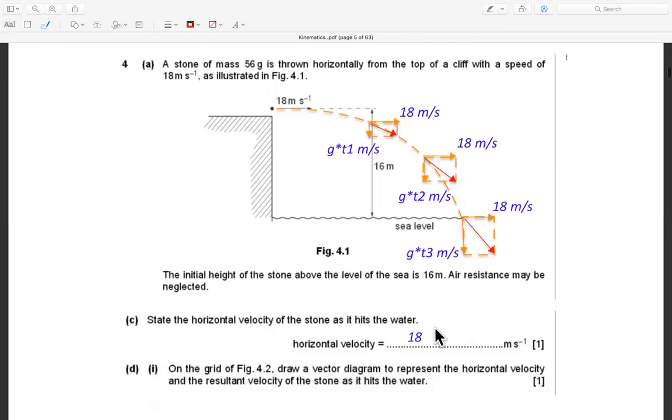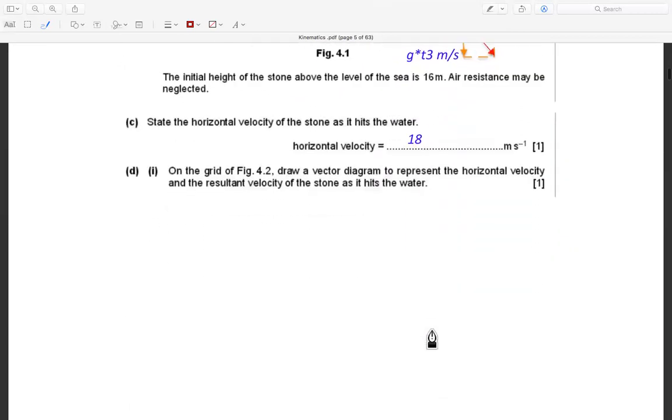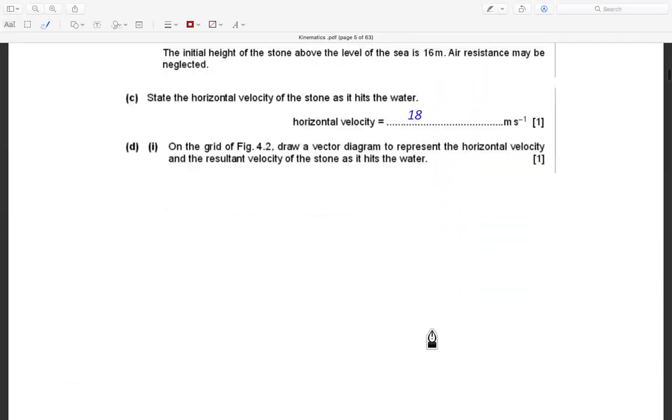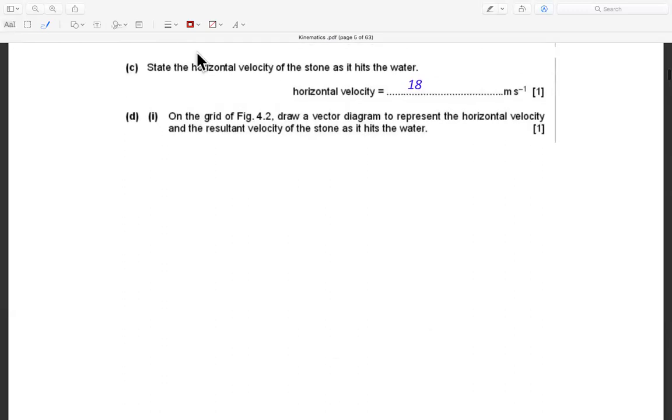So maybe we can use 16 and 18 to find the other velocity. So we know h equals v0 t plus a half g t squared.